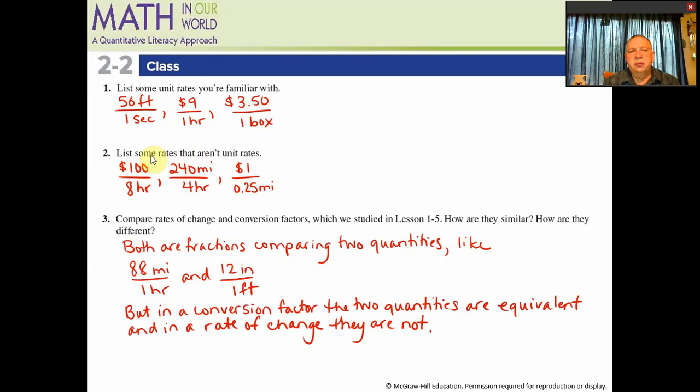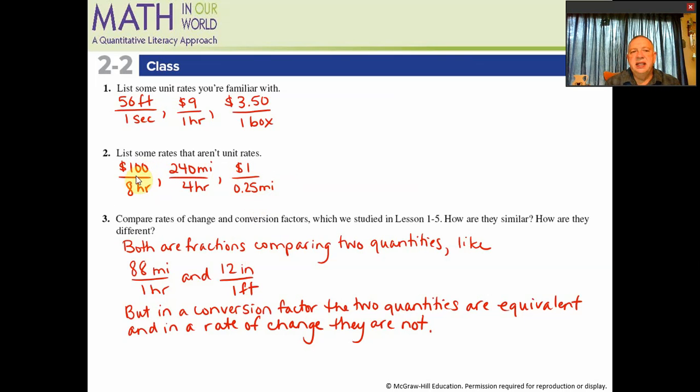And there are some rates that aren't per unit. These are unit rates, so it's a per unit of the second variable, the output. Here are some rates that aren't unit rates: $100 for 8 hours, 240 miles per 4 hours, a dollar at 0.25 miles.